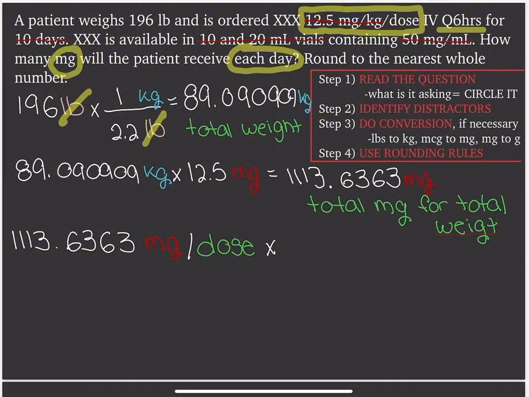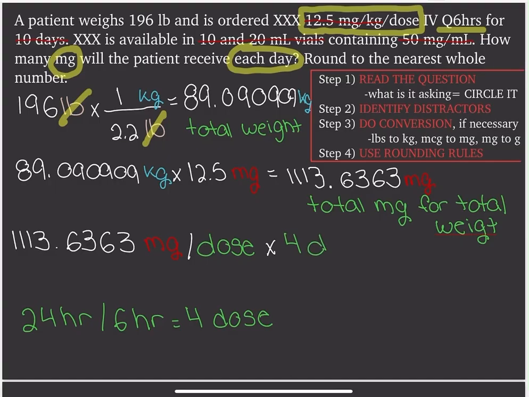If you look back at your problem, it says that they receive it every 6 hours. So there's 24 hours in a day divided by 6 hours. That will give you the amount of doses they're going to receive throughout the day, which is 4 doses every day.